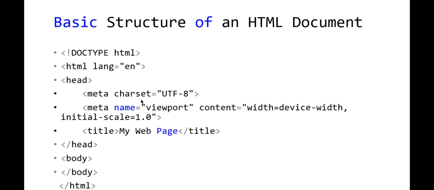What is charset? Charset means character set, and UTF-8, Unicode 8. Basically, every human-readable letter we type is a character set. So each time I type S, there is a character set for it.